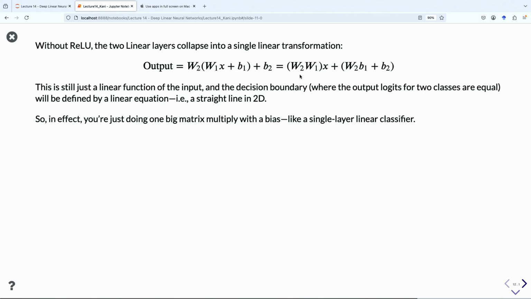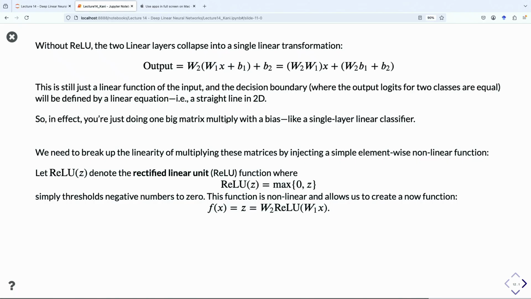It's going to optimize it the same way as if we had just a single W here. It's still a linear function. So you are just doing one big matrix multiply. And I guess you have a more complex bias, but a bias is just a constant value. It's just going to shift the line up, down, left, right. It's not really going to do anything. So that doesn't help us.